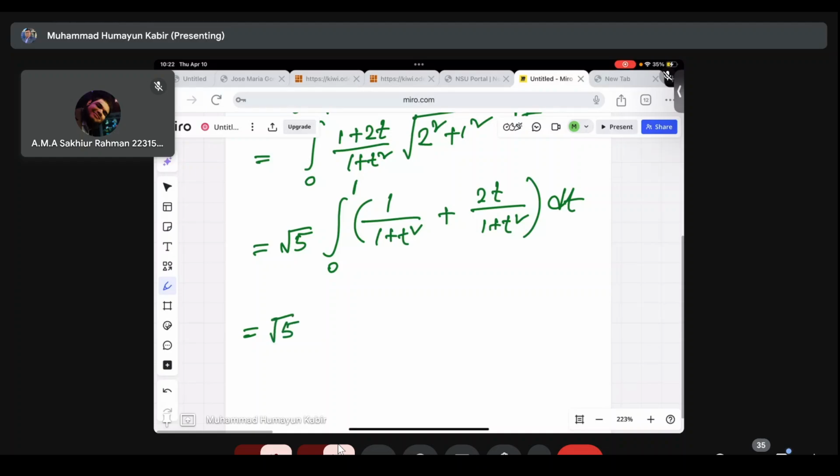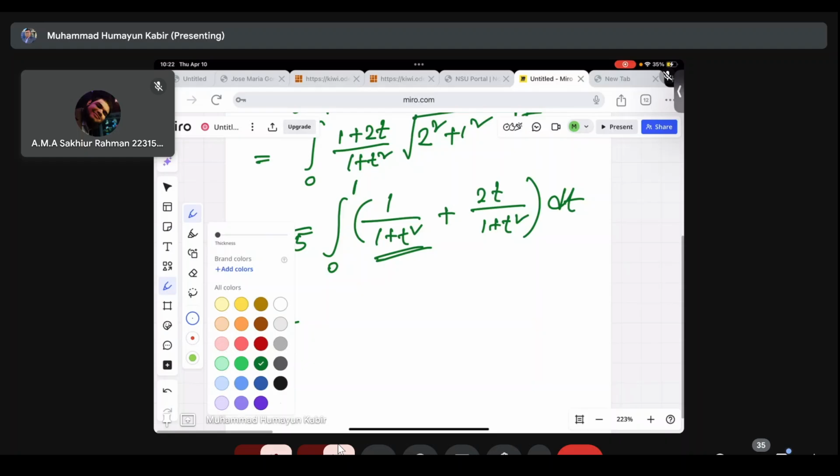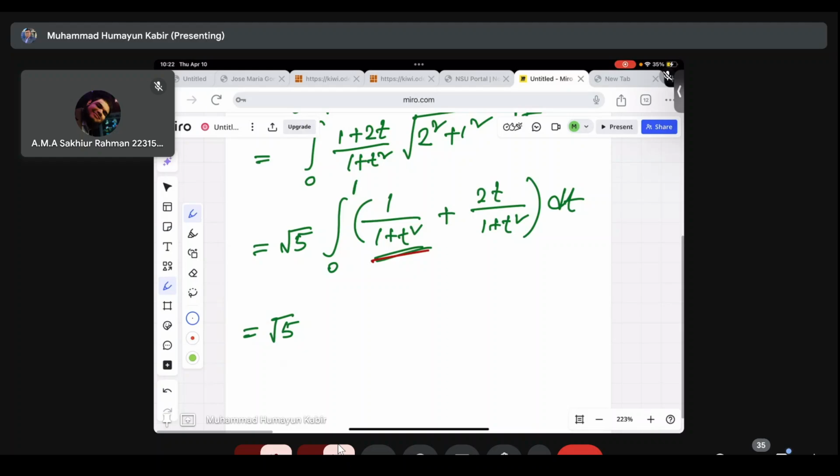So now tell me, what is the antiderivative of this one? 1 over 1 plus t square? So tan inverse t. Yes. Tan inverse t plus, what is its antiderivative? 1/2 ln(1 plus t square), yes, because the derivative of 1 plus t square is twice t.